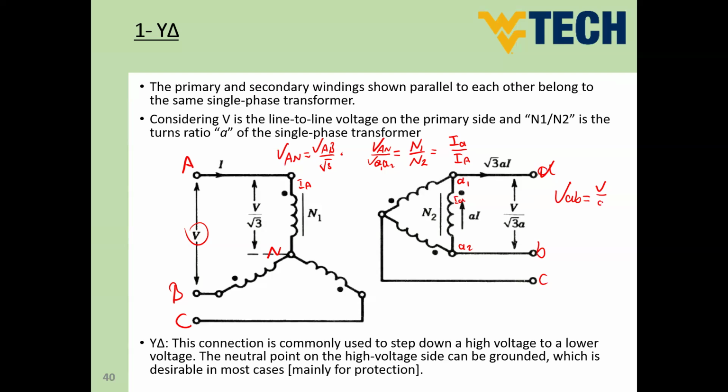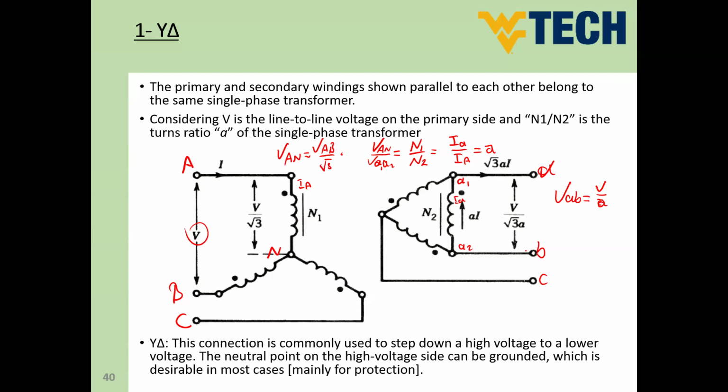So I'm going to call the turns ratio letter A. So this is now V divided by A. So this is the magnitude of the volt across this phase here, which is the same as the line-to-line volt.